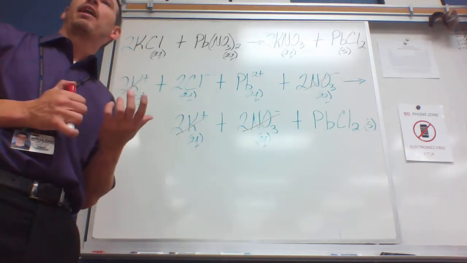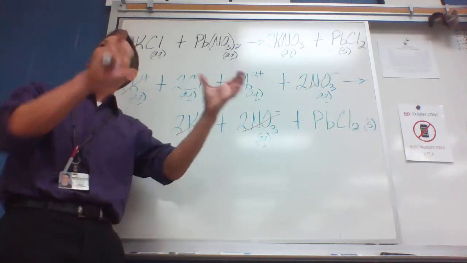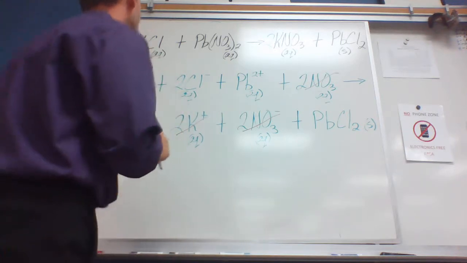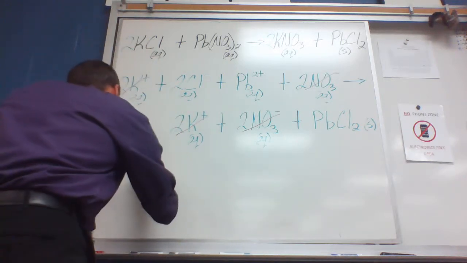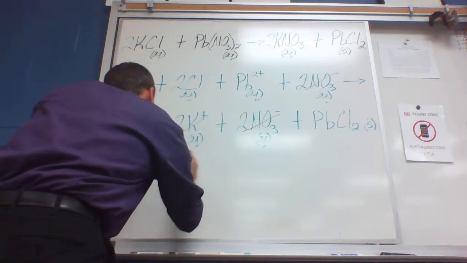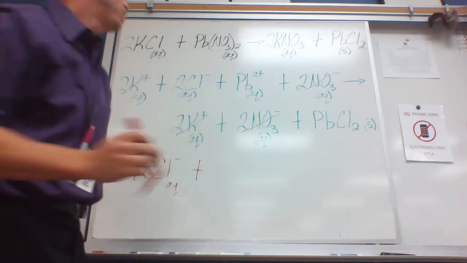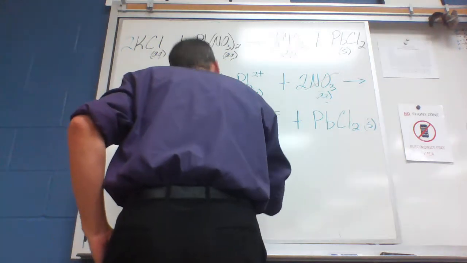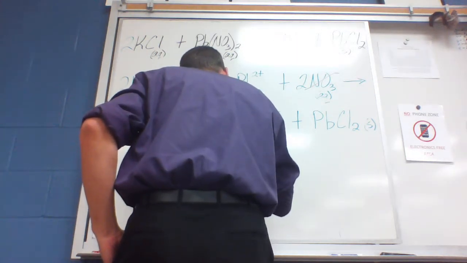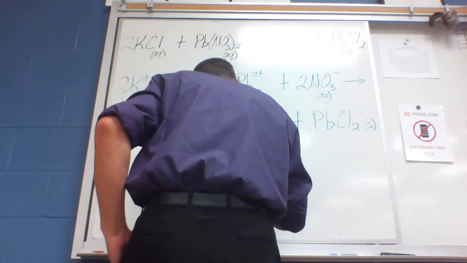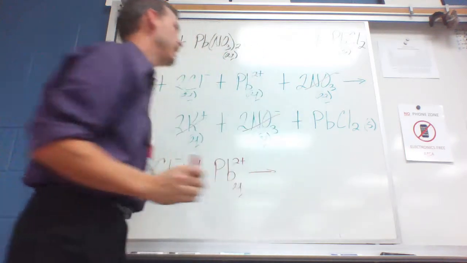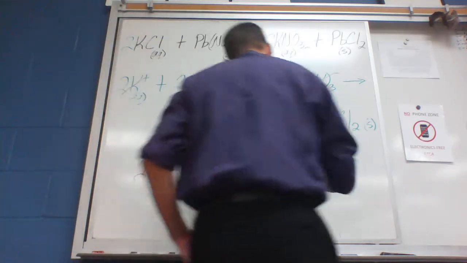The net ionic will simply put the leftovers into its own little equation. So I've got 2 Cl minuses plus 1 Pb, with a charge of 2 plus, yields PbCl2 solid.